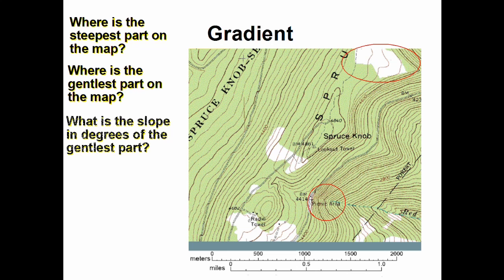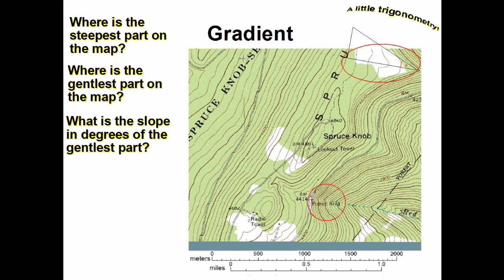But how gentle? What is actually the degrees of slope that we could extrapolate from that map? Well, a little trigonometry might help. Let's picture a triangle. You can see that I placed the distance base just between some contour lines.